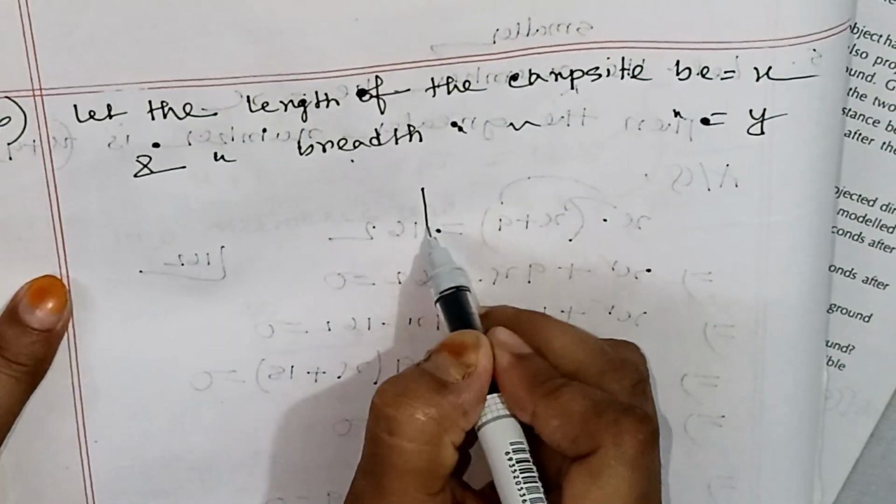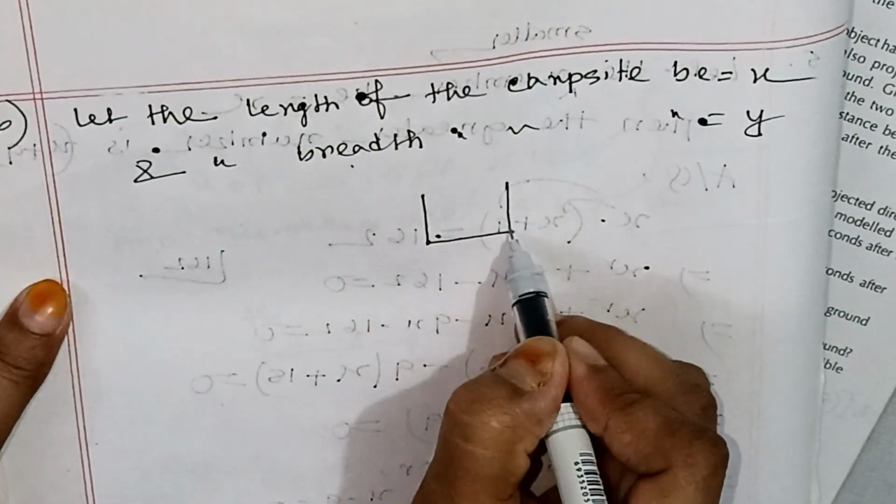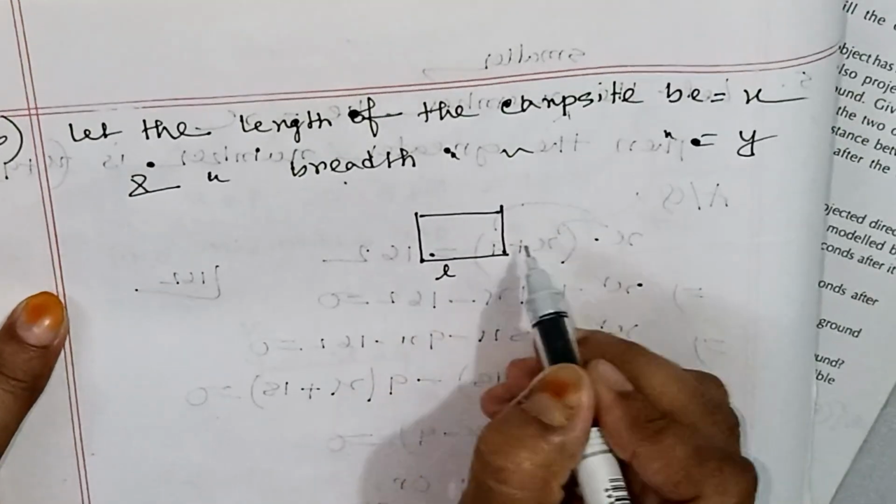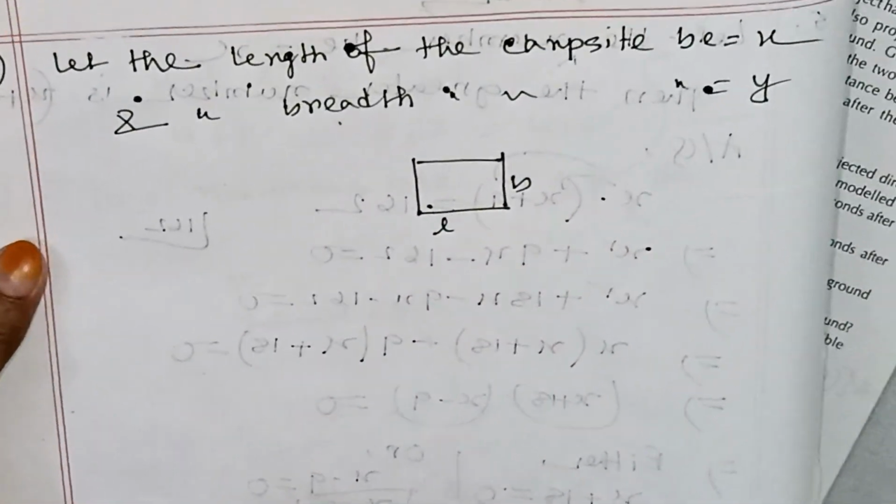So this is a rectangular shape, this is length and this is breadth.